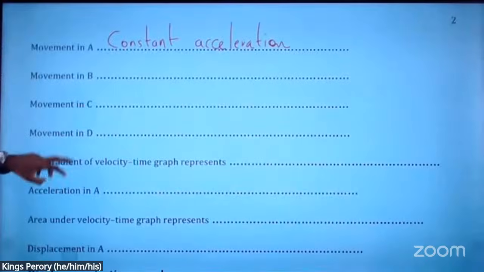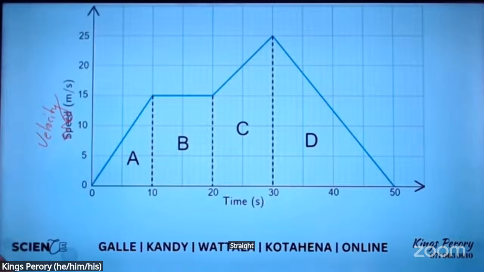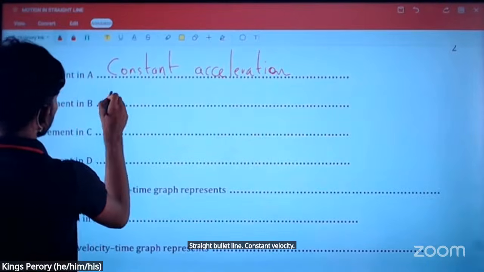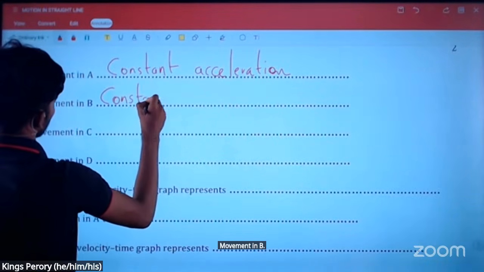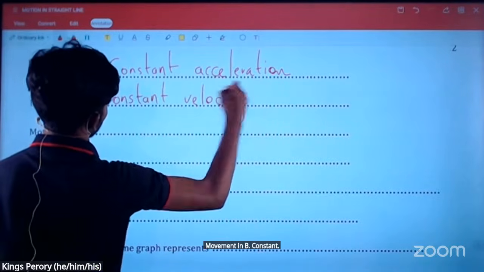Movement in B, movement in C, movement in D. Right. Movement in B, straight flat line. Constant velocity.